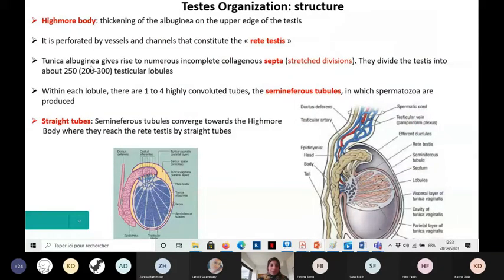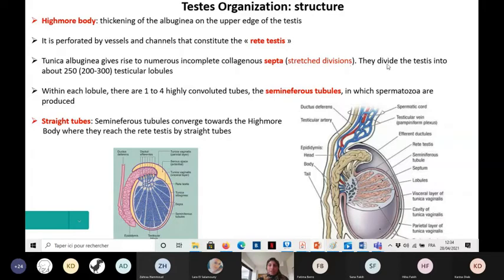So the tunica albuginea gives rise to numerous incomplete collagenous septa, meaning stretched divisions, formed from collagen fibers. So we have septa or divisions that will separate the seminiferous tubules.